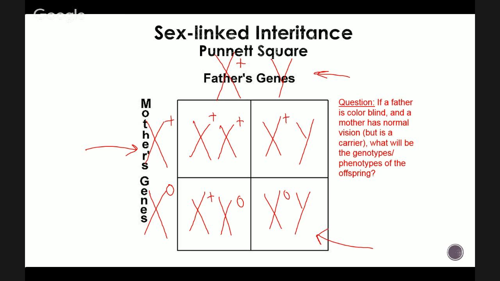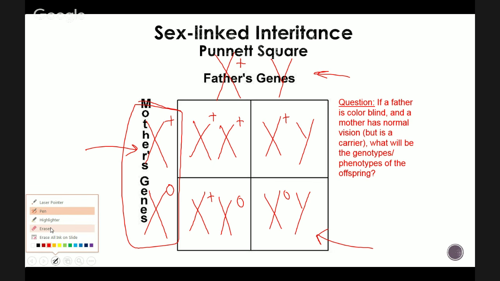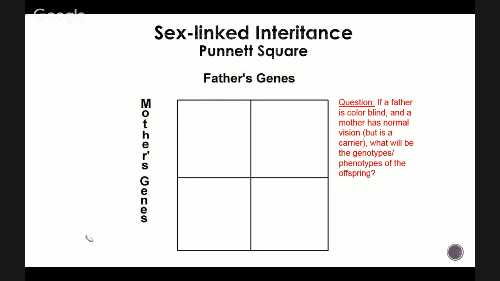I'll take it back so we see it, but this is just what I'm showing you here. Okay, so if we go back a generation and look at her, this is what happened. What happened a generation back? Father, colorblind.